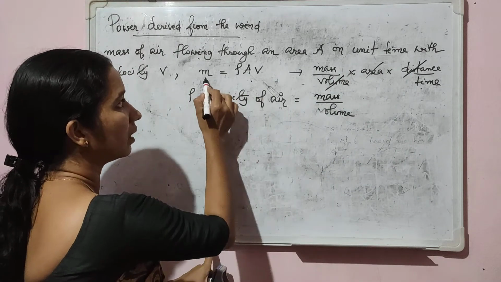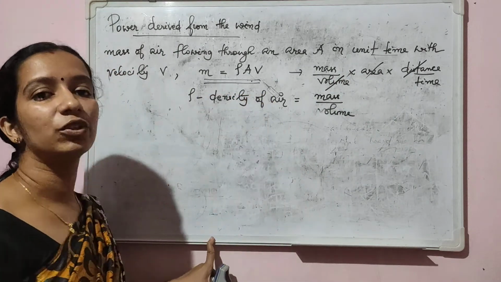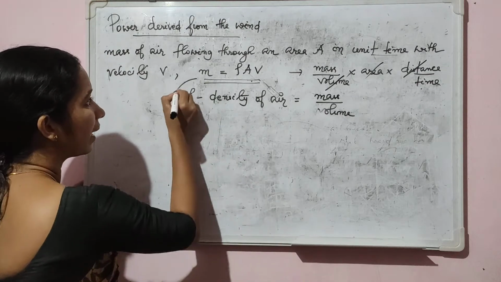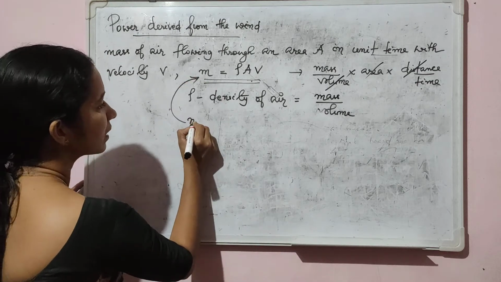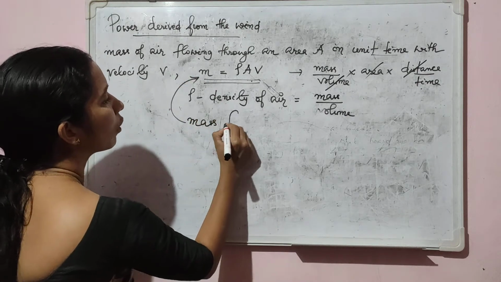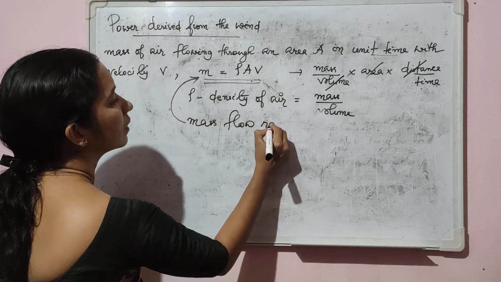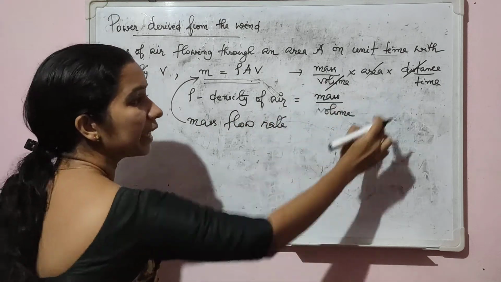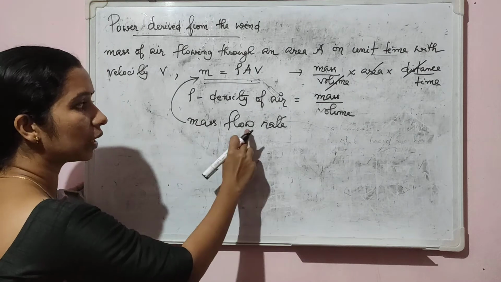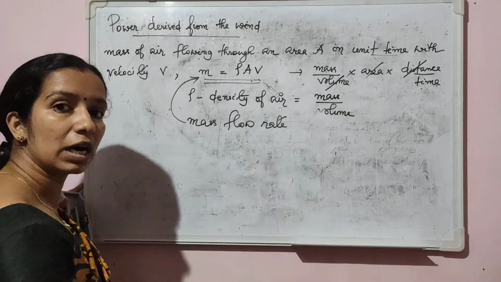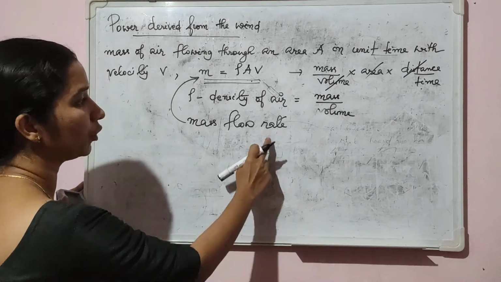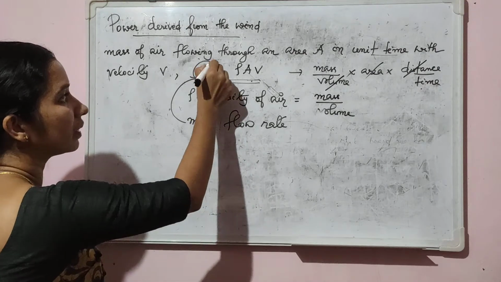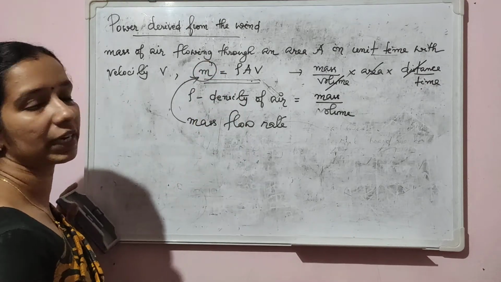So we can write it as rho into A into v. And this m is known as the mass flow rate. It is mass per unit time, the mass of air flowing in unit time. So this m denotes the mass flow rate.